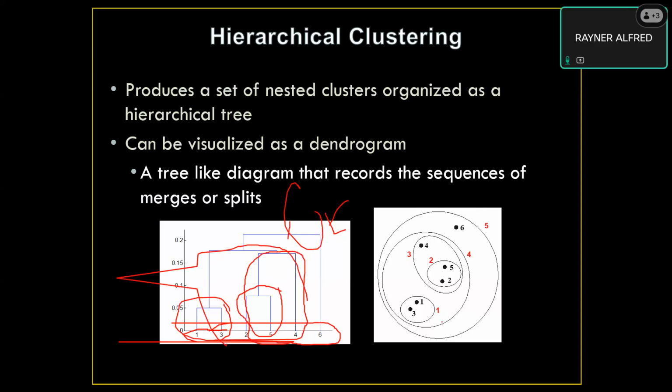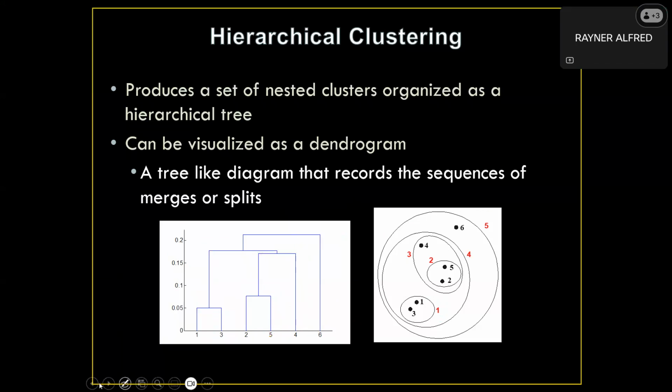When we look from the top, it looks like this. If you want to have 4 clusters here, the four clusters are over here. This is the 4th combination. The first combination is this, and then 2 and 5, and then this one.